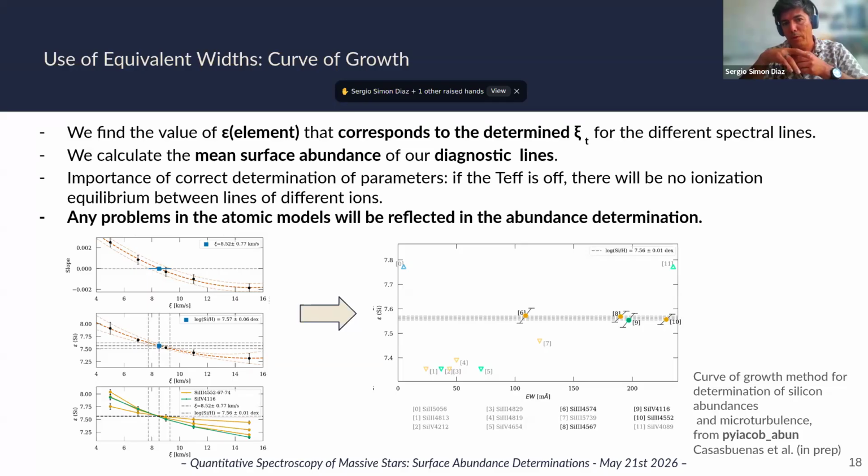So this is part of what Alba is now doing. It's true that many people have worked on this for many years, and it's still not solved. So we'll see. Maybe it's also a question of the gf values. We'll see what happens in the next years.